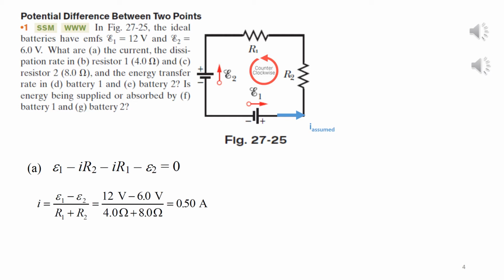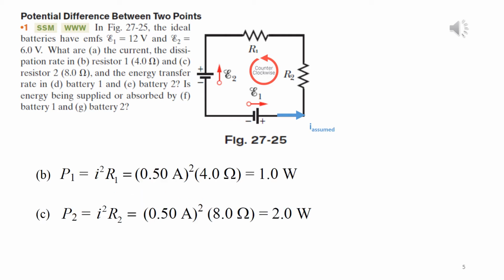For R2 it is going with the current, so I put minus I R2, minus I R1, and since the loop is against E2 I put negative E2 equals 0. I take I as a common factor because it is the same current, as they are all in series, and I will have 0.5 ampere. Since the calculated I is positive, it means that the assumed current's direction is correct.